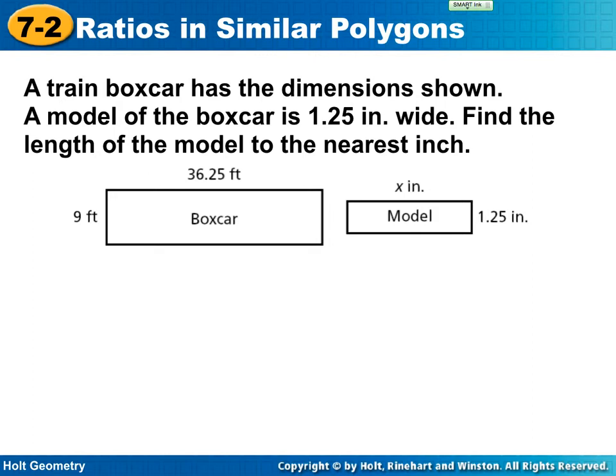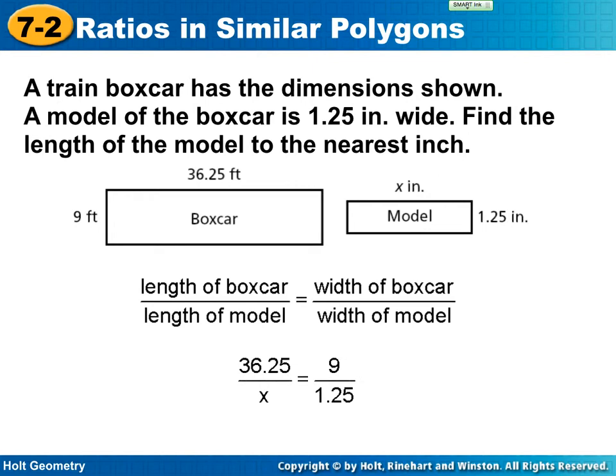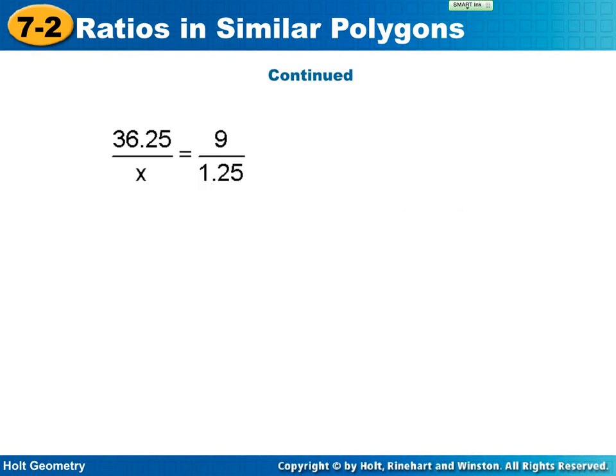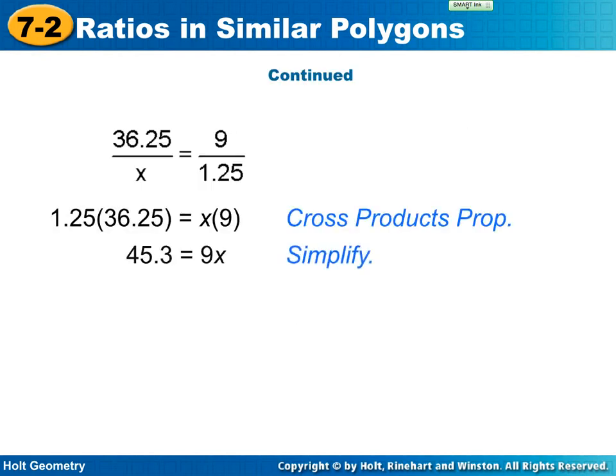Okay, and the answer comes out to be 5.057. To the nearest inch? 5. Nearest inch, they just wanted it rounded to 5.